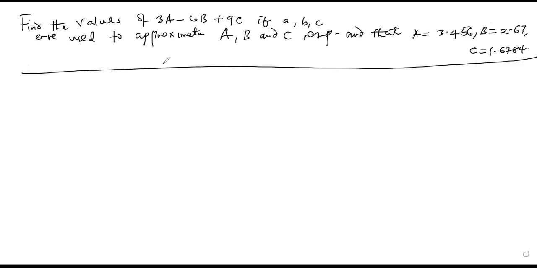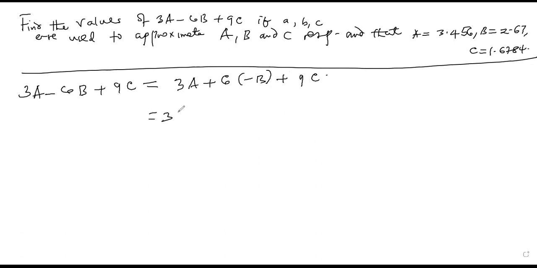So in other words, this 3A minus 6B plus 9C would be the same as 3A plus 6 times negative B, then plus 9C, which is the same as 3 delta A plus 6.